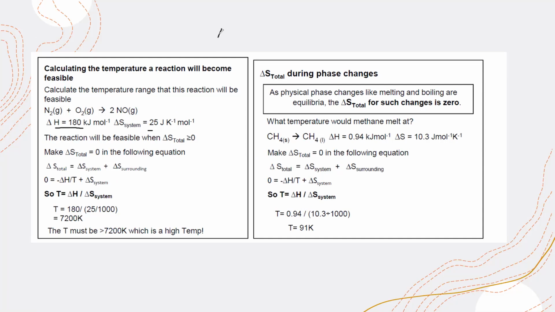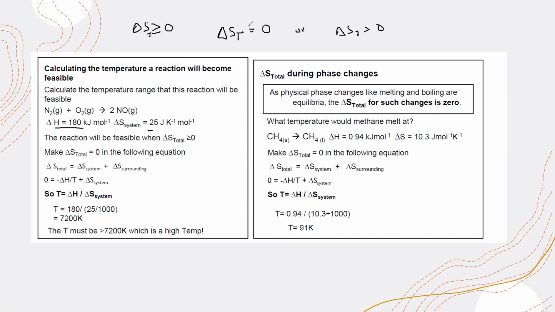As the reaction is feasible, the total entropy should be either 0 or more than 0. So we can say it should react at the temperature at which the reaction becomes feasible. So total entropy should be greater than or equal to 0.